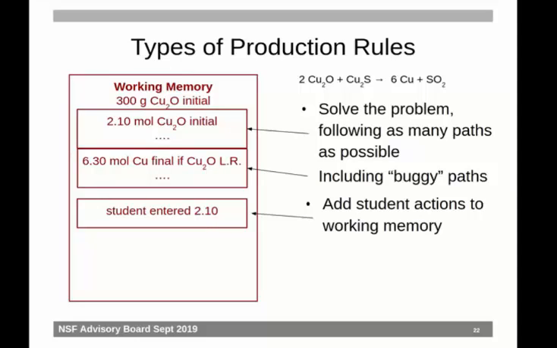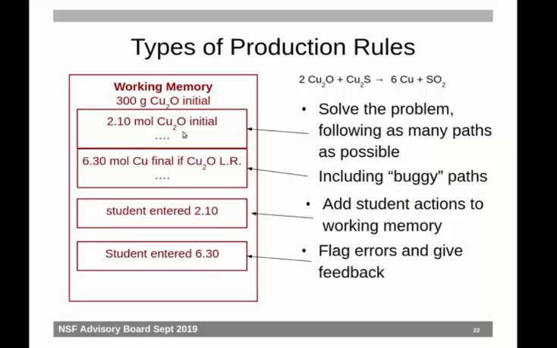Well, because the student hasn't attached units and quantities to it, we don't know for sure that they know what this number is, but we have the information that it may be the initial moles of copper oxide, and that might be what they're doing. We also, if they put in 6.30, can flag that as likely this mistake that we can give them feedback on.